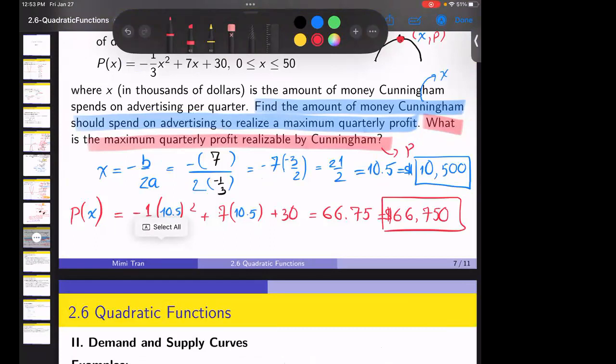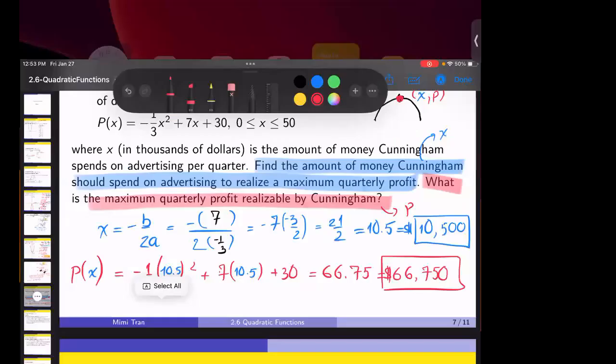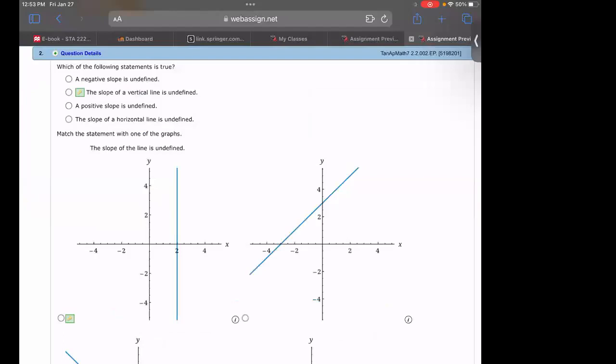Did you guys manage to find that question? Yes, it was on 2.3, the second question.